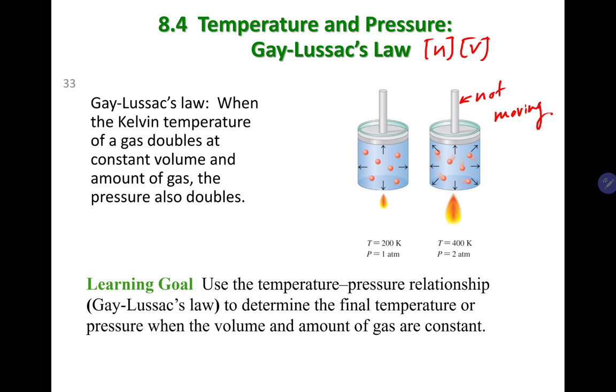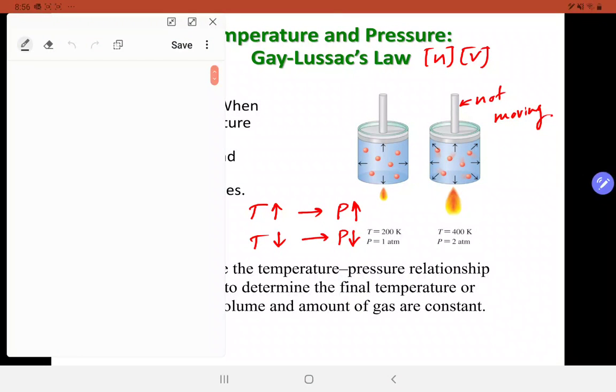So basically, when you increase the temperature, pressure increases. If you decrease the temperature, the pressure should decrease. So what is the relationship between temperature and pressure? Temperature and pressure have a proportional relationship.